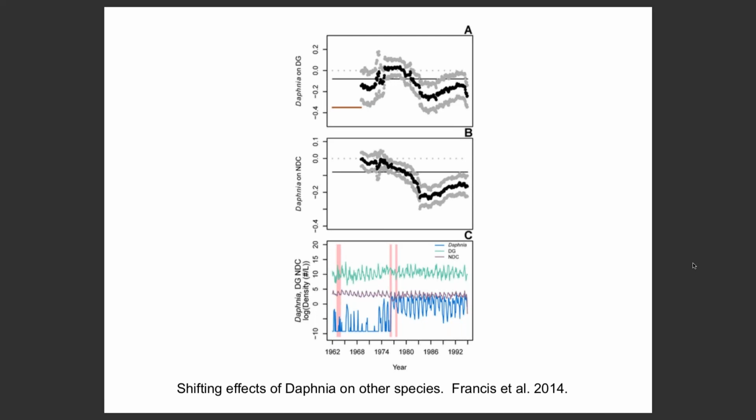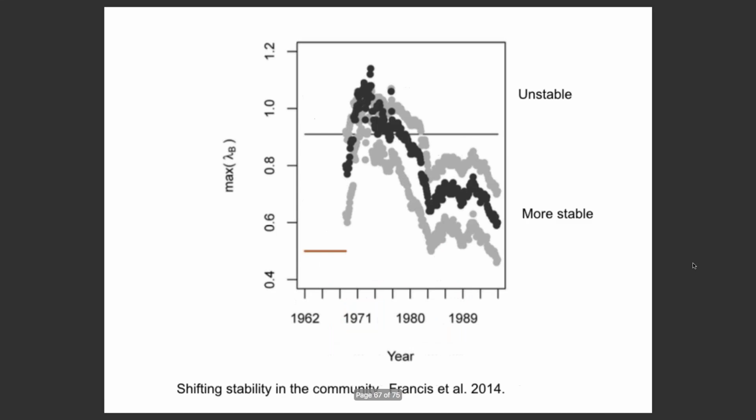And then the question was, okay, that's just one example. All these interactions were changing. Can we then use that information to say something about the stability of this plankton community in Lake Washington? This is looking at the return time metric, which is measured by the maximum eigenvalue of that B matrix.